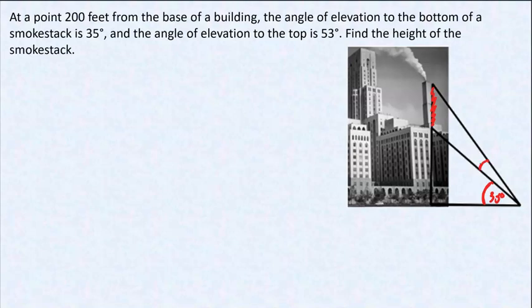Now, this angle is not 52 degrees. The entire angle here is 53 degrees. Hopefully that helps you guys kind of visualize how these triangles work a little bit. And this is the opposite leg. And then here at the adjacent leg, I have 200, and that's H for both of those triangles.